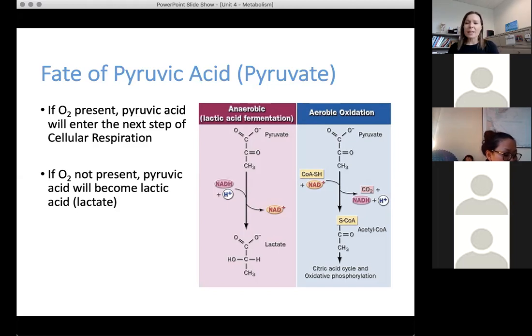Okay, so pyruvic acid is converted into lactic acid, and you actually can't continue on with cellular respiration. Once oxygen levels are restored, it can be converted back to pyruvic acid, and then you can continue. But temporarily, the process is kind of halted until you get enough oxygen to be able to continue on to step 2.